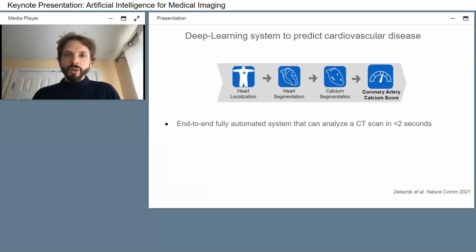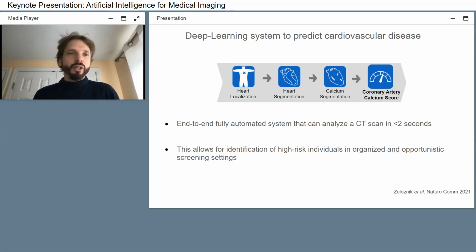So we said, okay, let's try to completely automate this whole process. We localize the heart in the image, then we do a very detailed segmentation of the heart, then we look at the coronary arteries, see if there's calcium there, quantify the amount of calcium, and then compute a coronary artery calcium score, like a risk score. This is a fully end-to-end risk score that automatically runs on our clusters in under 2 seconds.